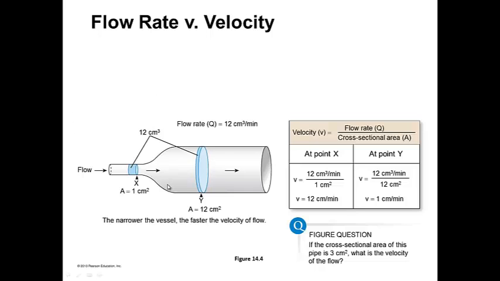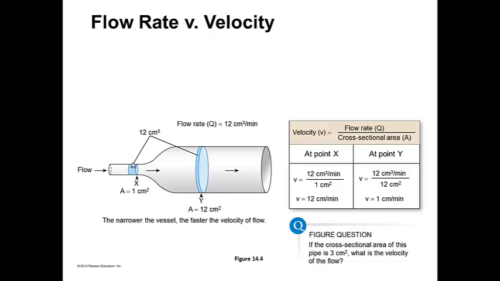So here, basically, flow rate is just how much fluid passes a given point in a minute. So if our flow rate is 12 cubic centimeters per minute, here you only have a velocity of 1 centimeter per minute to get the required flow rate. In the smaller vessel, it's going to have to go 12 times as fast because of that decreased radius.